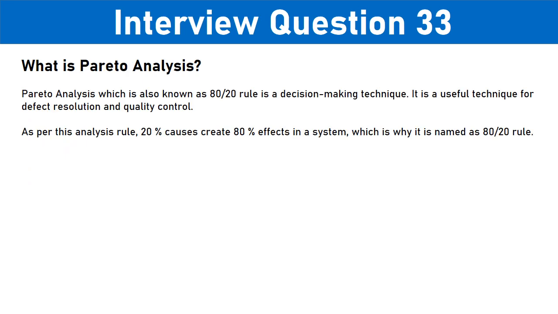Interview question 33. What is Pareto analysis? Pareto analysis, which is also known as the 80/20 rule, is a decision-making technique. It is a useful technique for defect resolution and quality control. As per this analysis rule, 20% causes create 80% effects in a system, which is why it is named the 80/20 rule.